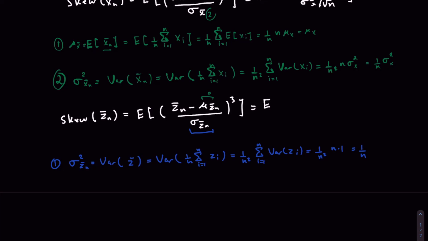Okay, let's then keep on pushing this expression here. So we have minus 0, but divided by 1 divided by n, and that term, well, it should be squared.